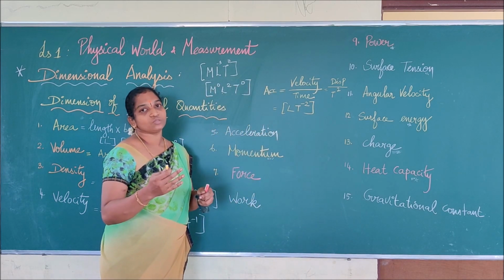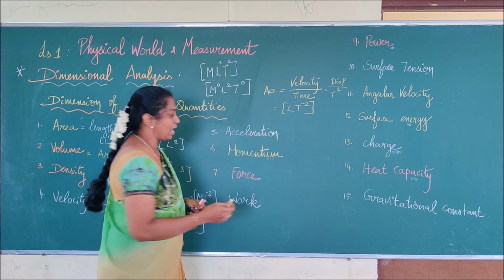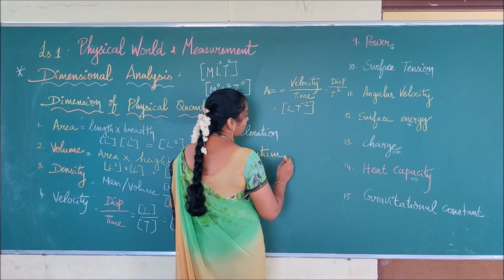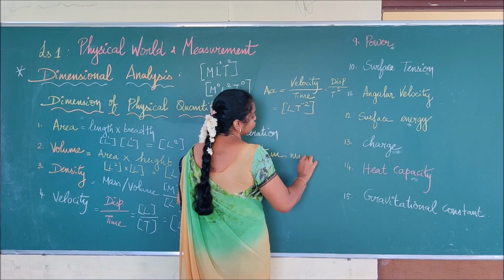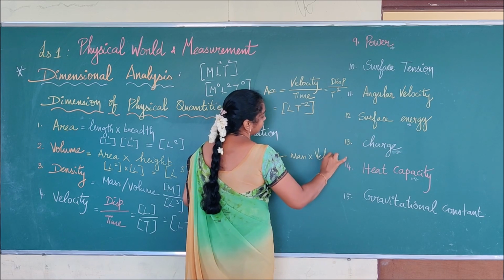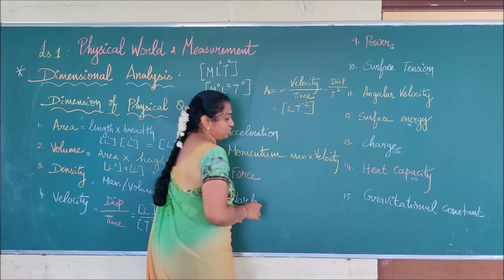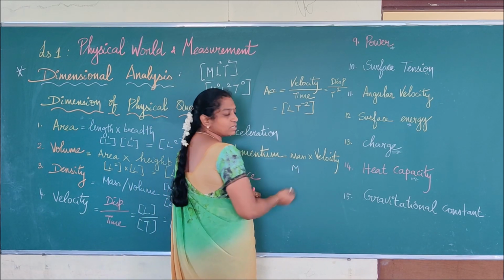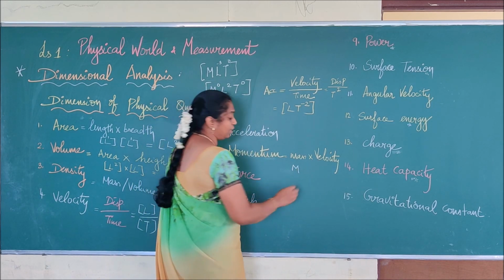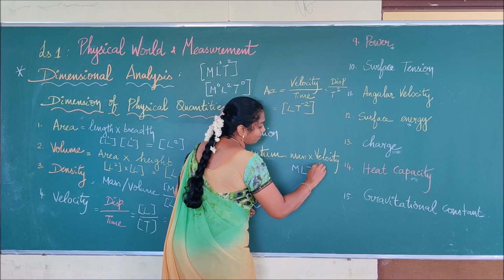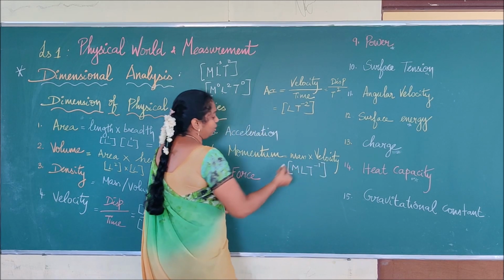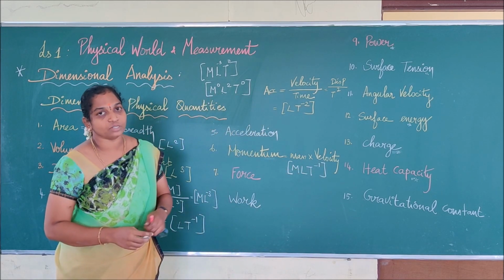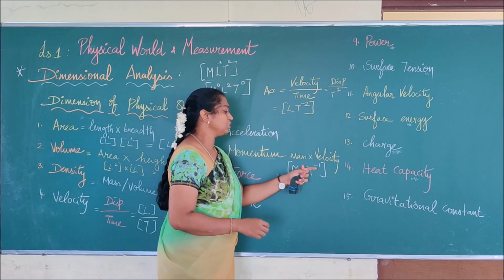Now we'll go for momentum. Momentum means any change in the mass with velocity. So momentum will be given by what? Mass into velocity. What is the dimension value for mass? It is M. What is the dimension value for velocity? It is L T power minus 1. Therefore, we have got the momentum dimension as M L T power minus 1.